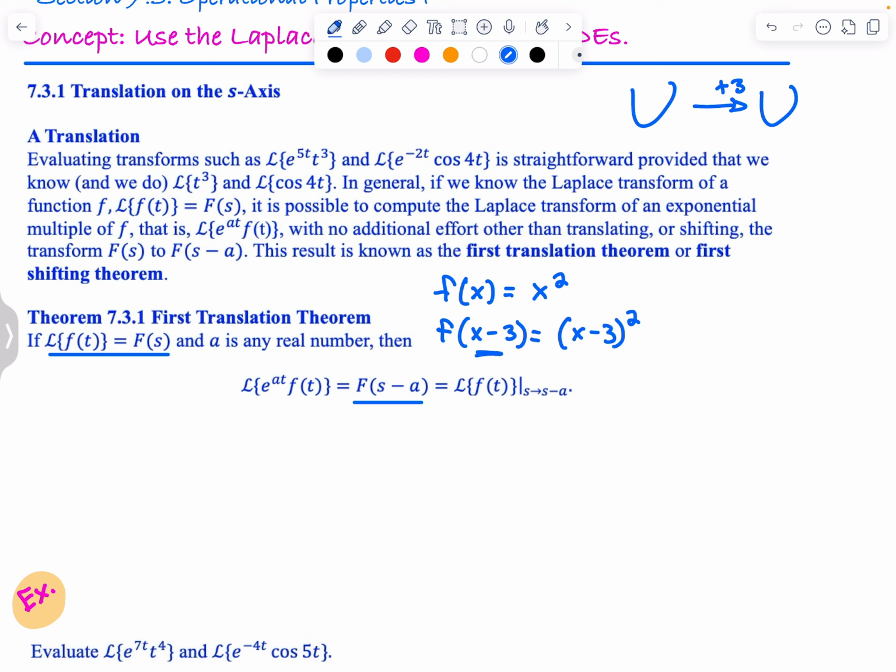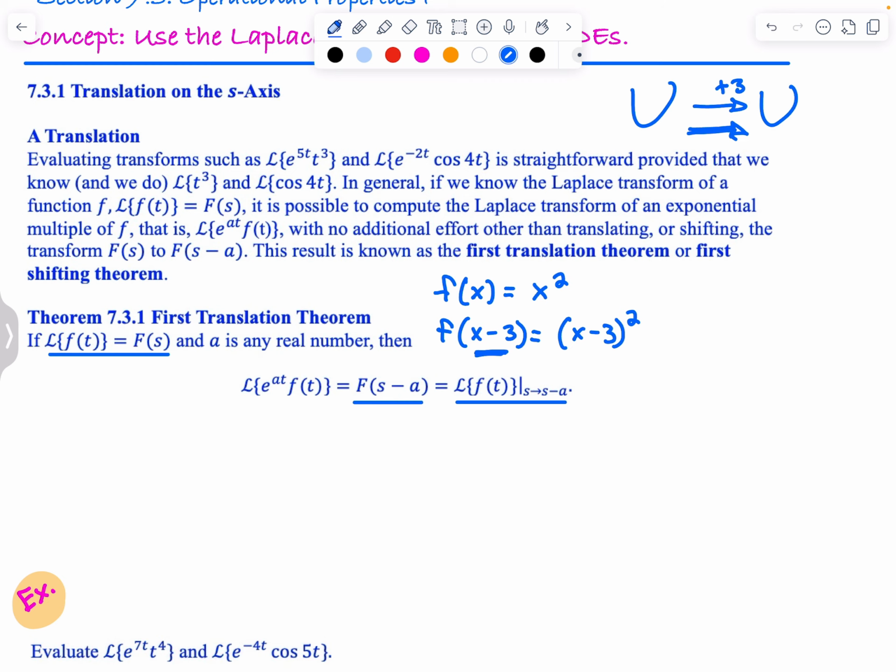This would have been a translation on the x-axis, moving it right 3 up here. Well, this just moves it right a, or if a was negative, it'll be left a. How we write this notation, it's going to look like this, and this isn't going to make a lot of sense right now, and it'll make more sense once we do an example down below. I'll show you how that works.